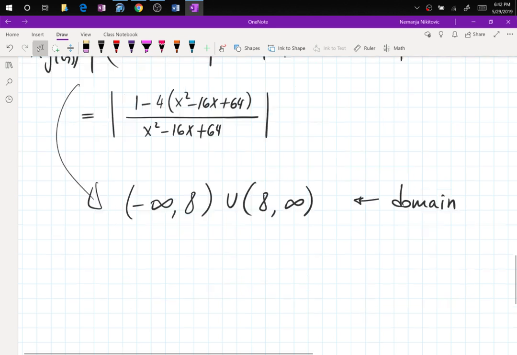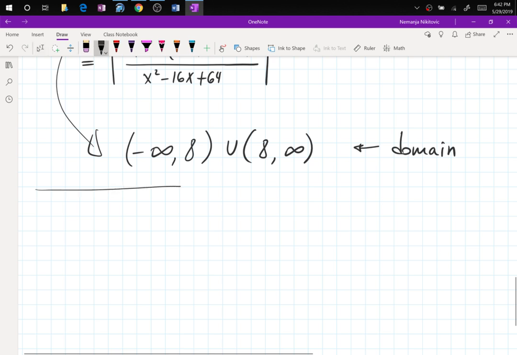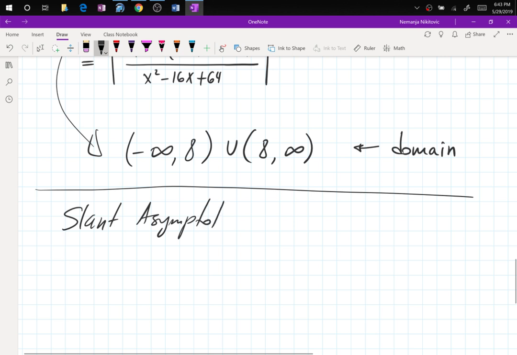The question is about slant asymptote, also known as oblique asymptote. Asymptotes like this occur only in one case.